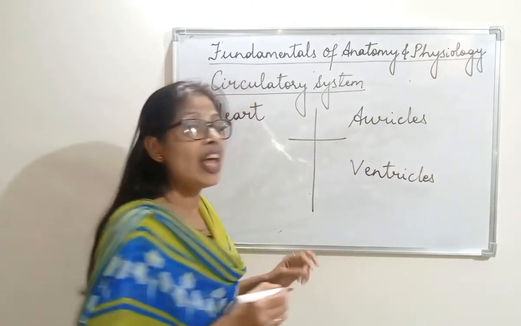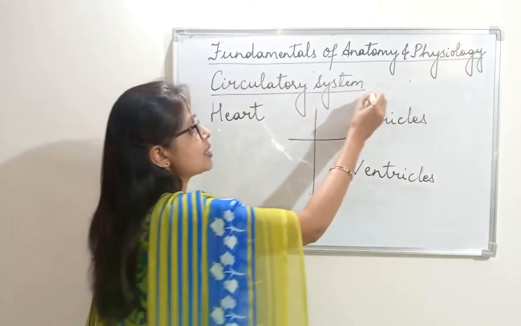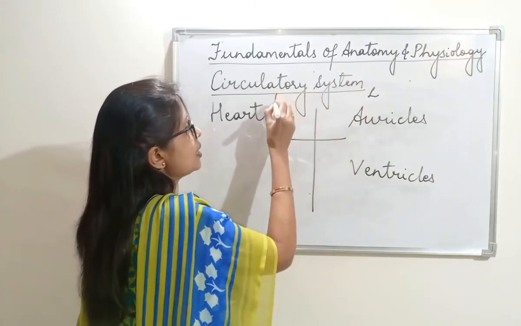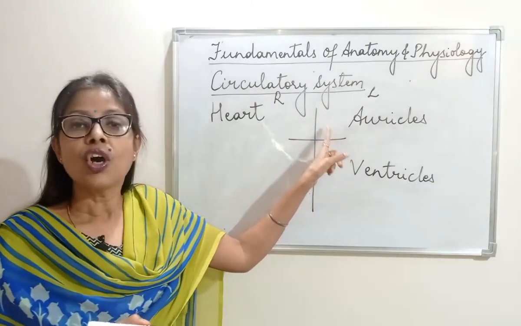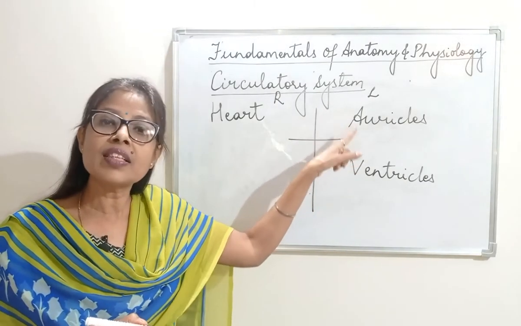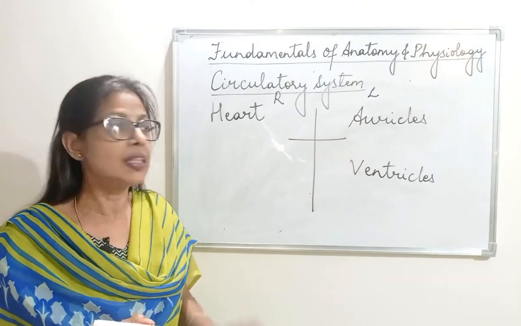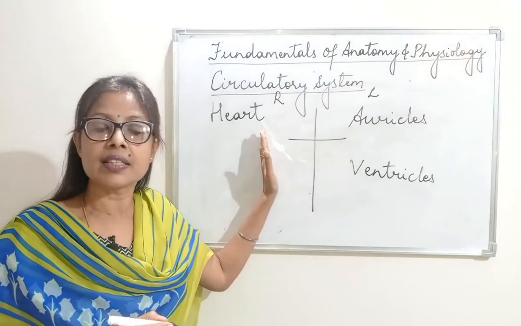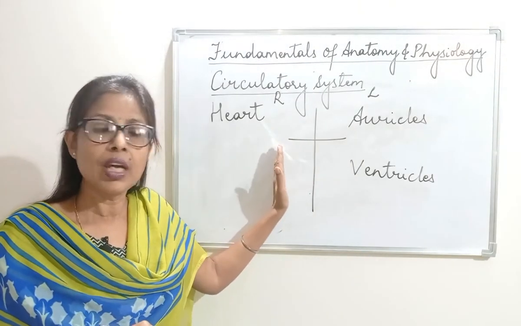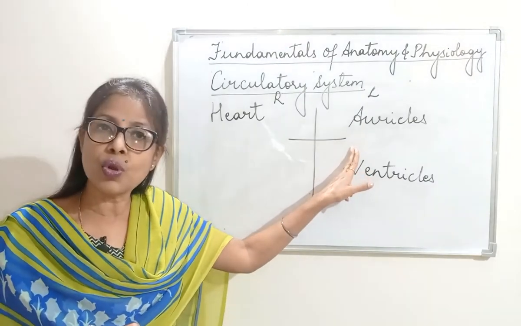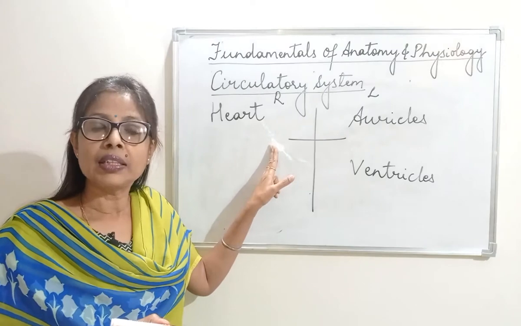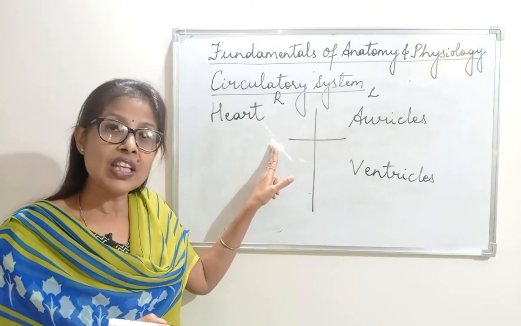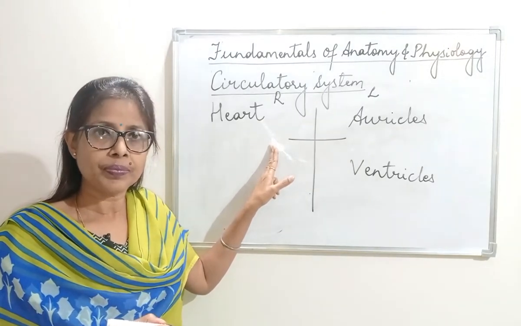The left side, we consider this as the left side and this as the right side. The left side of the heart always contains pure blood and the right side contains the impure blood. Pure blood is also called oxygenated blood, and impure blood is also called deoxygenated blood.